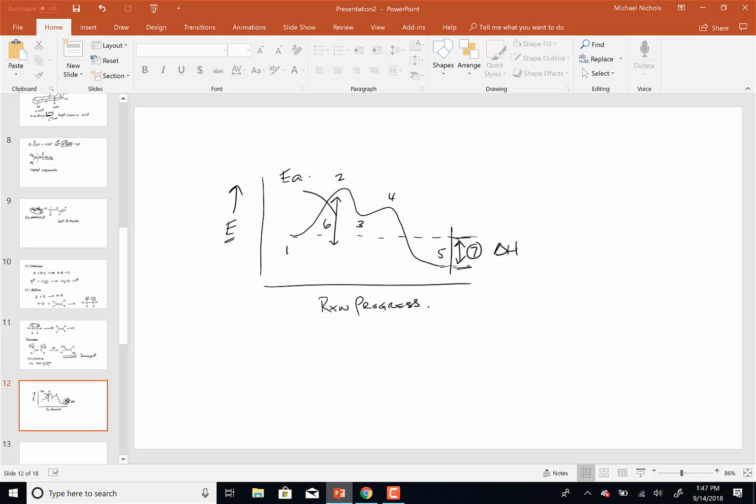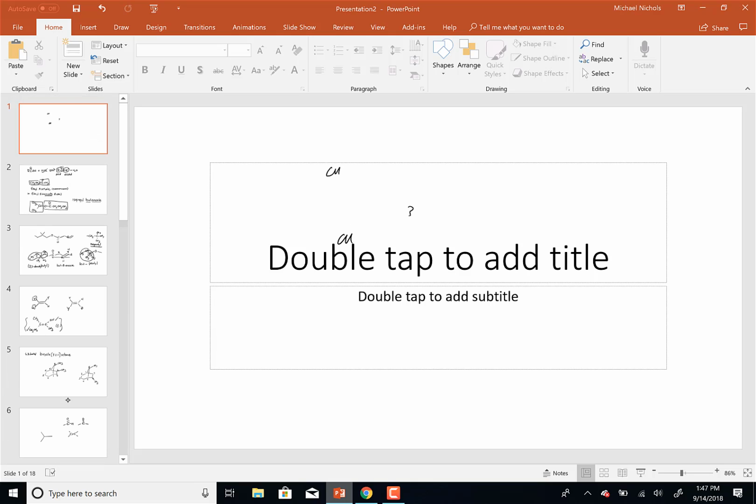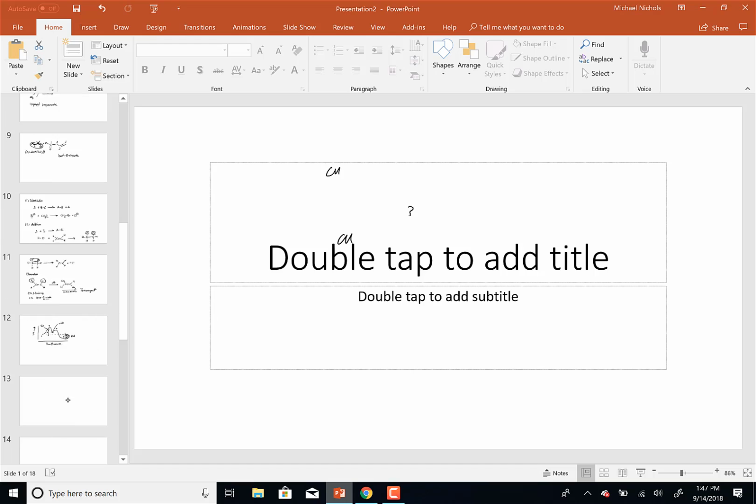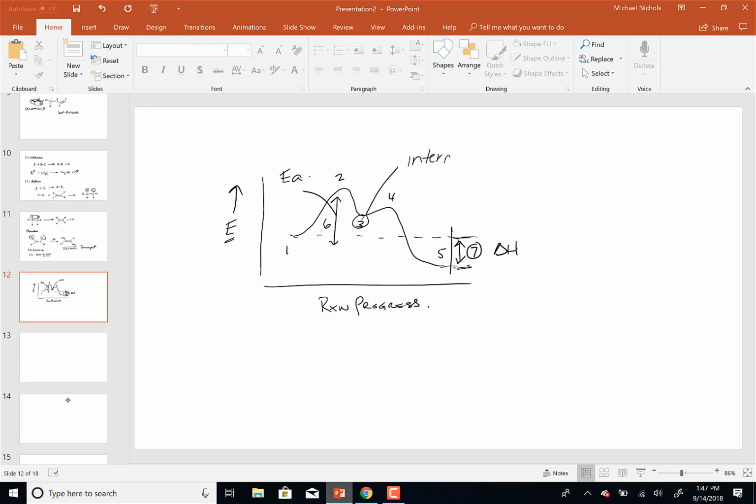3 is what we call an intermediate. One is reactants. 5 is the product. All right, I got 2 and 4 left.